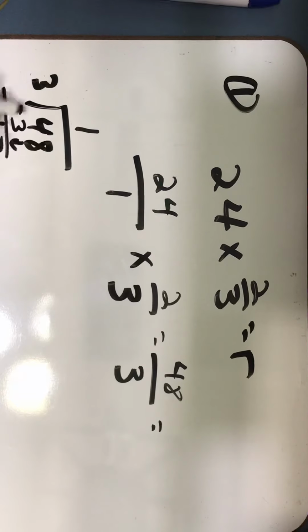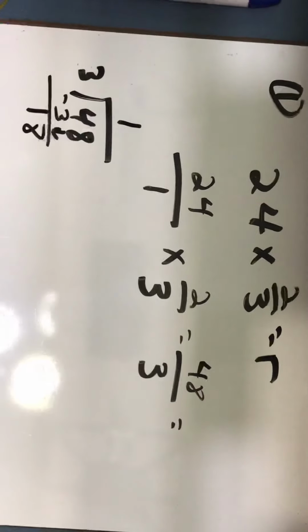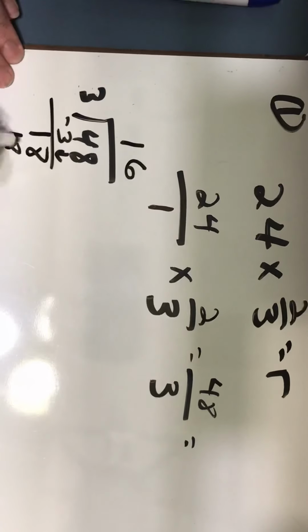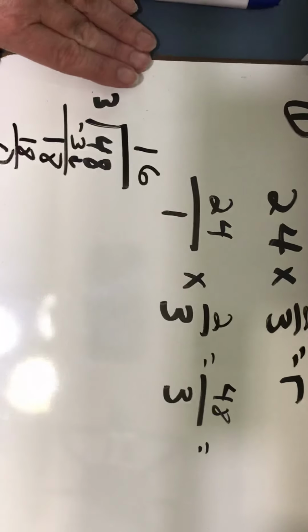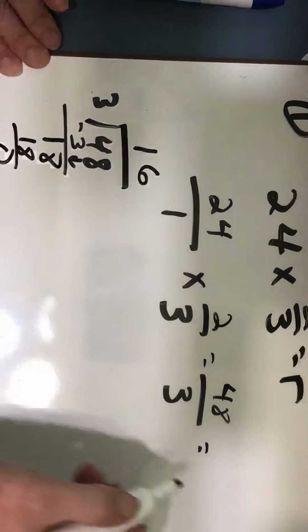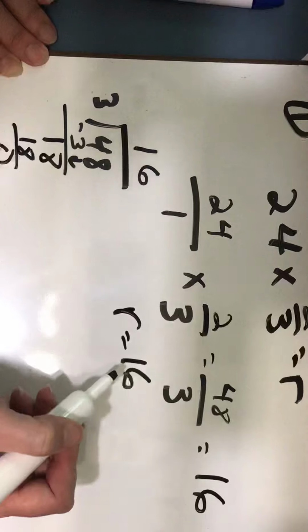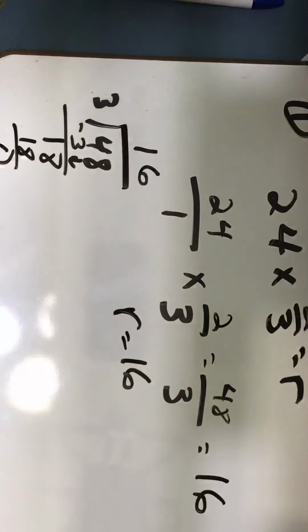Bring down your 8. 3 goes into 18 6 times. 6 times 3 is 18. So we have nothing left. Okay, so 48/3 equals 16. So R equals 16, which means that you used 16 tickets for rides.